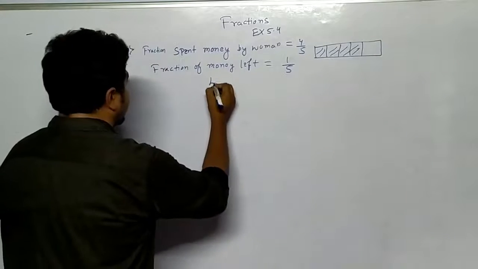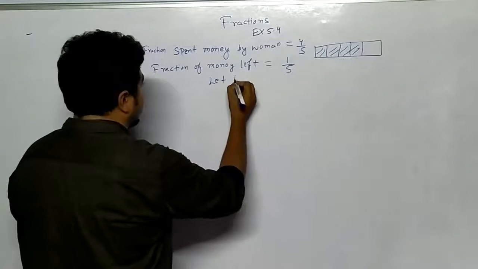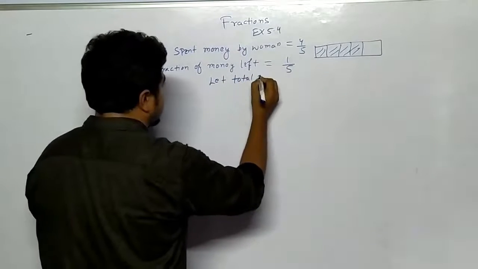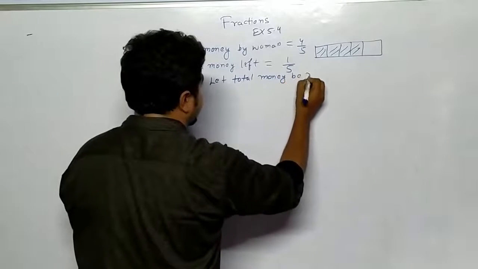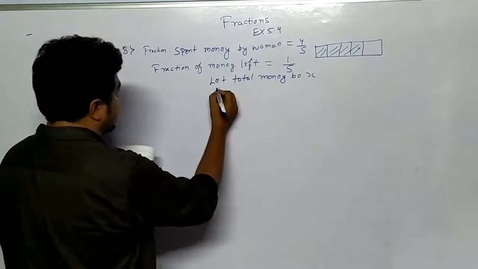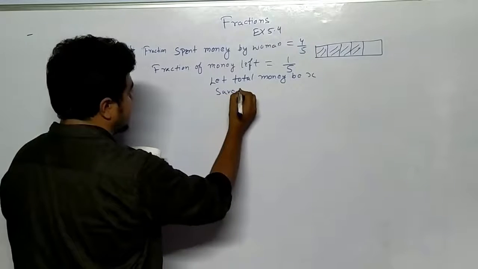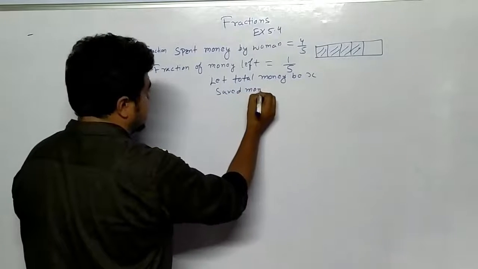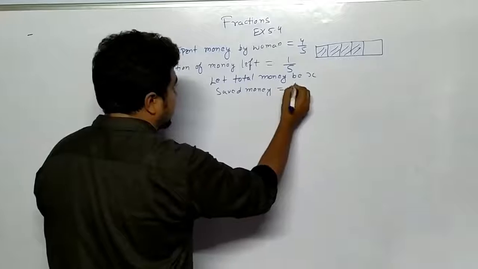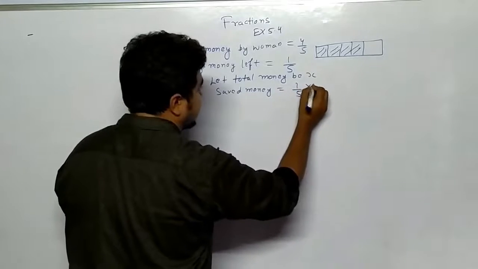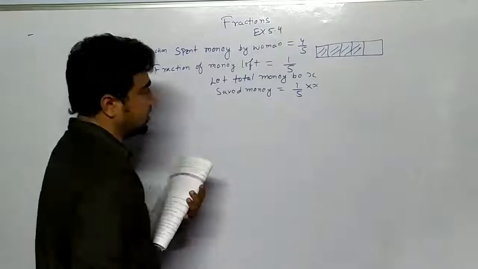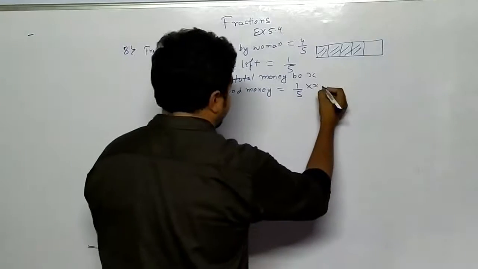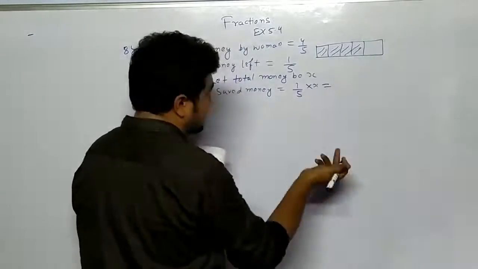I am assuming that the total money is X. So you can see that the saved money will be 1 by 5 into X. Out of total money, 1 by 5th is saved.